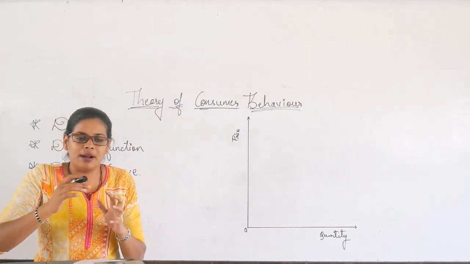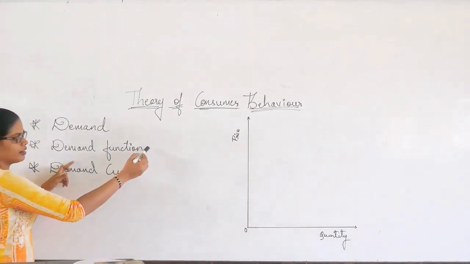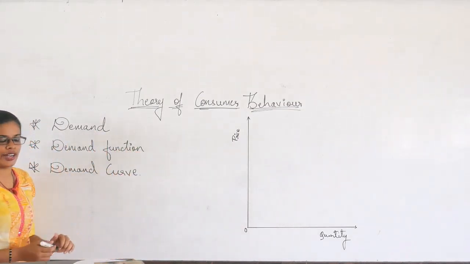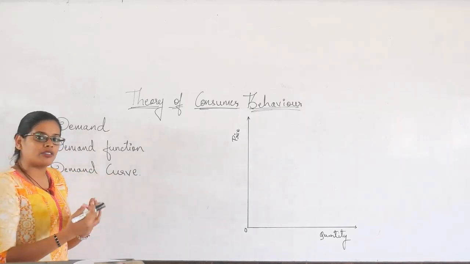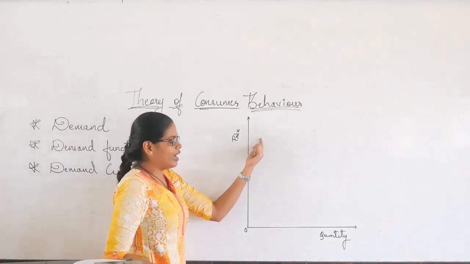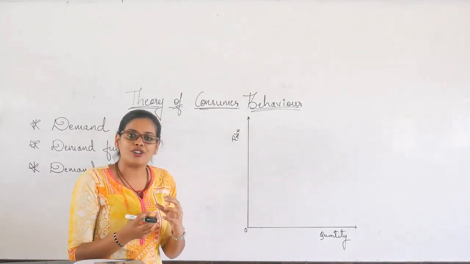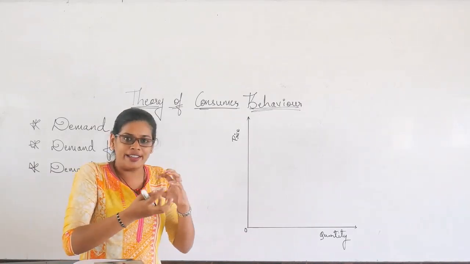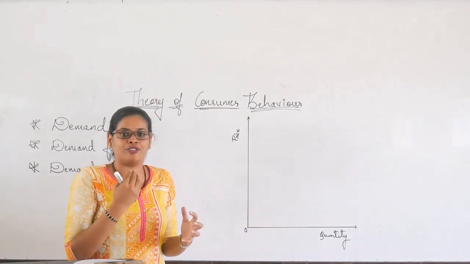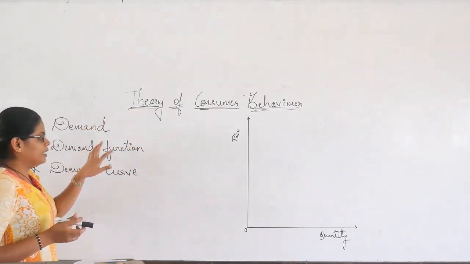Demand curve is related to both the demand function and the demand curve. When we are studying the consumption or the combination of the bundle, and how the consumer is going to make changes in the bundle so that he can satisfy his ultimate utility, that comes under the demand curve.